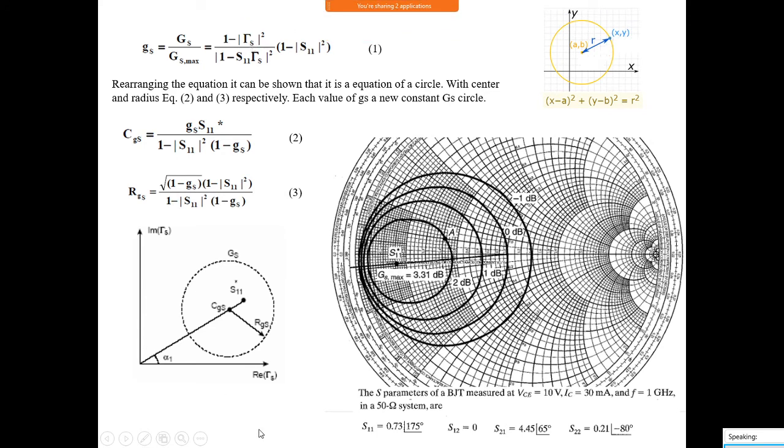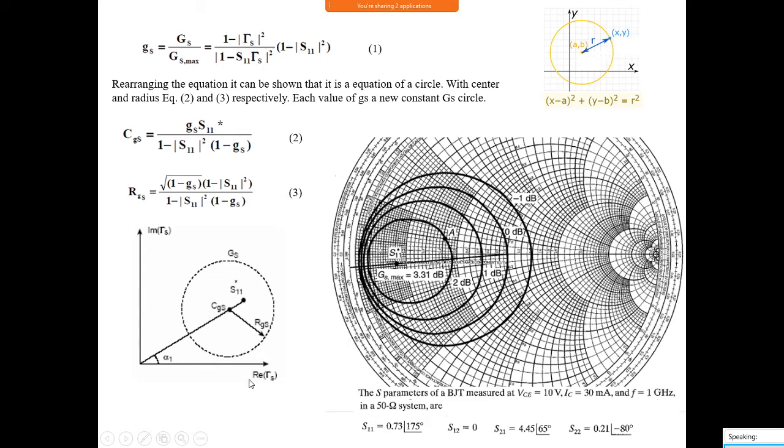If you rearrange this, GS is equal to this, it will become an equation of a circle like this. So this is the x variable and y is a variable here. X and y are the variables. If you rearrange, it becomes a circle equation of this form, and x and y are the real and imaginary parts of this 2S. 2S is a complex number.